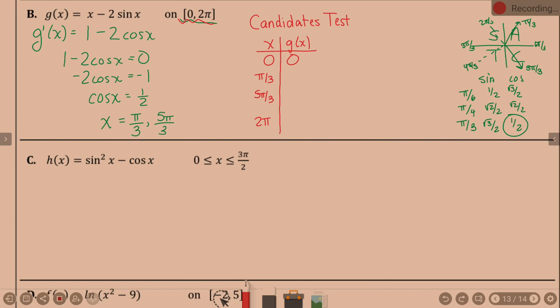We should all split up, everyone do a different one. Pi over 3. Okay. Negative 0.685. Okay.